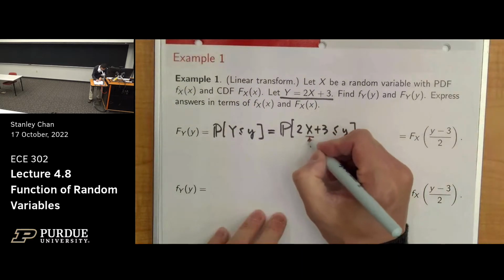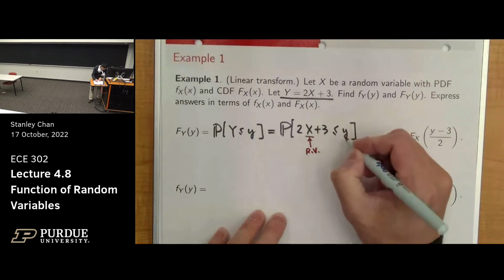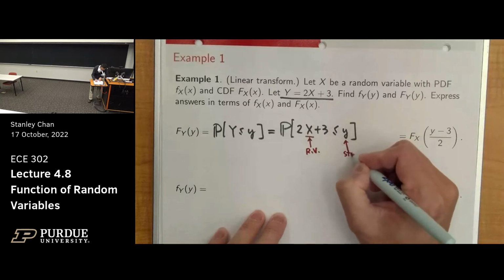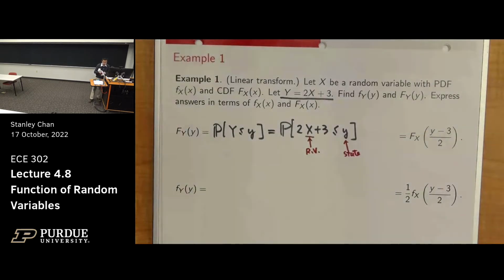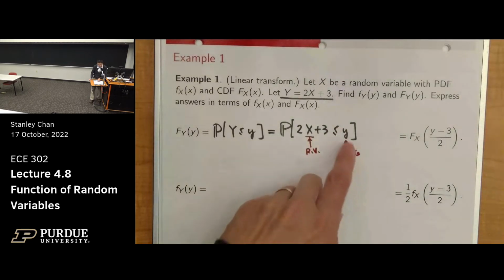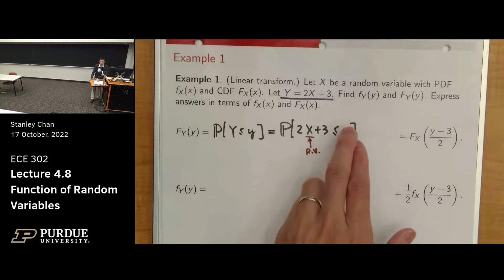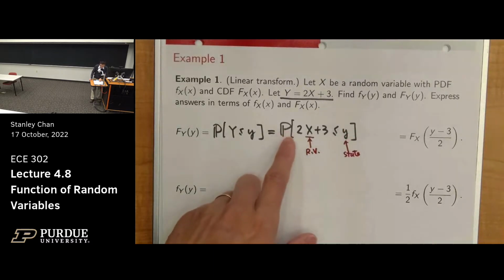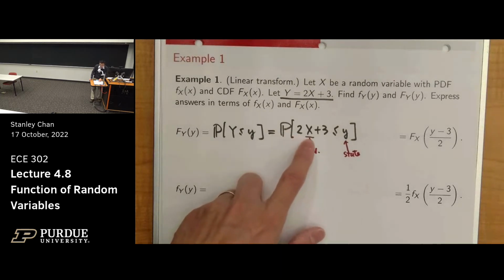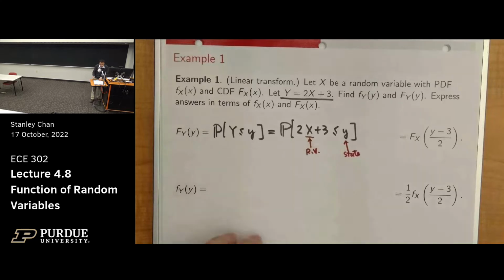This is the random variable, and here is the state. The state is always a constant with respect to your random variable. If you don't like this y, you can put an apple, you can put an orange. It's just a number. So as we evaluate this, this is the probability of 2X plus 3 less than or equal to y.